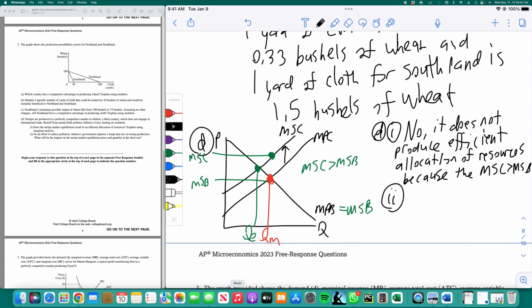No, this does not change the marginal cost. So, a lump sum tax will not change the price and quantity in the short run. It will not. So what will be the impact on the turnip market? No impact. There will be no impact.